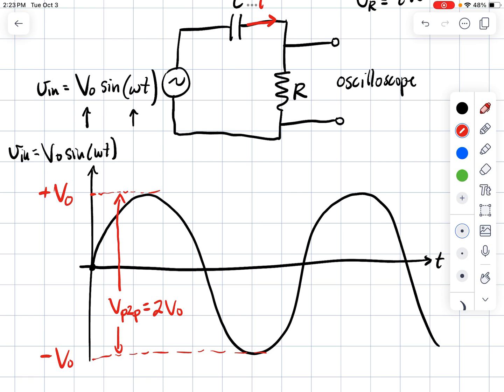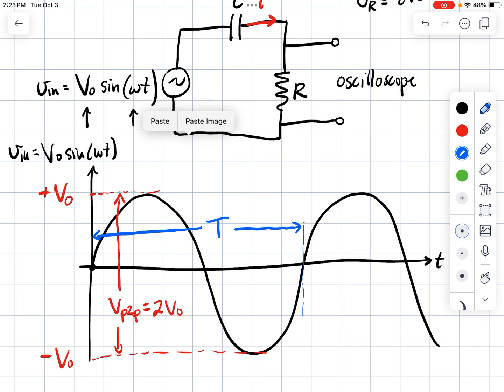And then we could also talk about the time that it takes the signal to complete one full cycle before it repeats that pattern. And so that time is called the period T. Here what I'm looking at is the time between crossings of the horizontal axis with a positive slope.